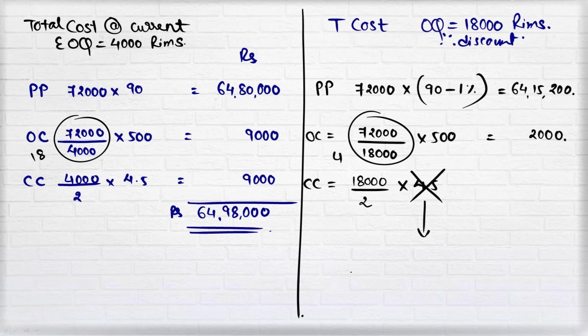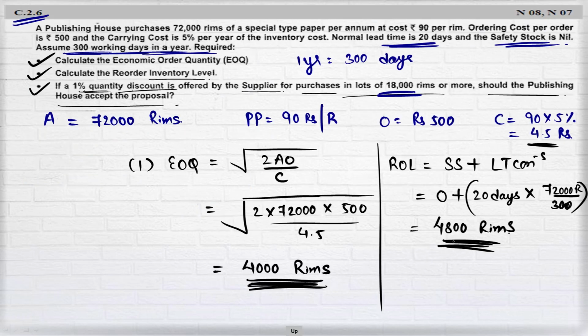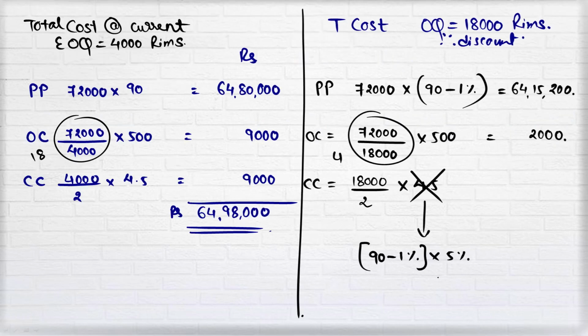So it is 90 minus 1%, multiplied by 5%. 90 minus 1%, you told me it is 89.1, right? 89.1 multiplied by 5% will be your carrying cost.